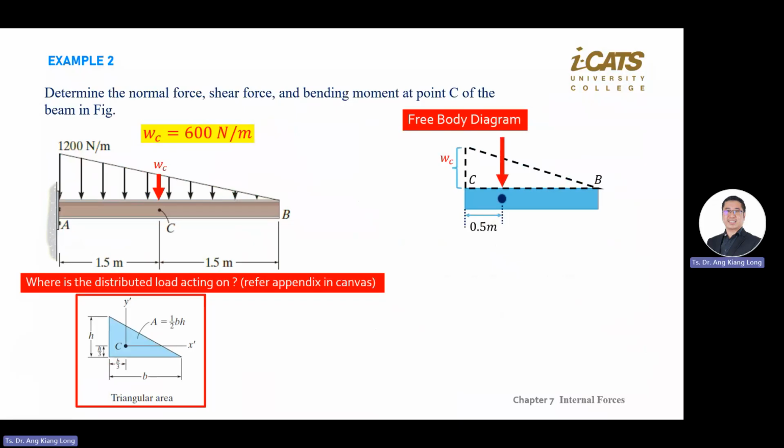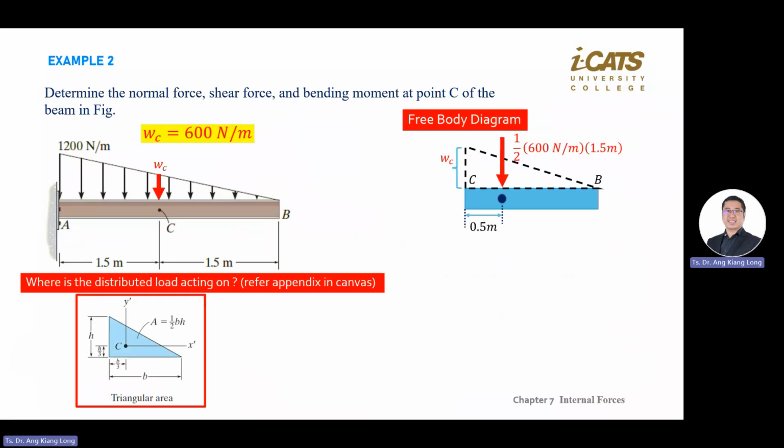Then you put in the force there. This force here is, you take the area of the triangular, half 600 multiplied by 1.5.